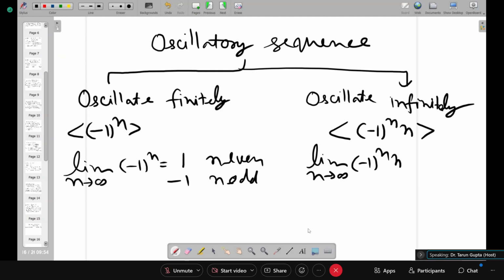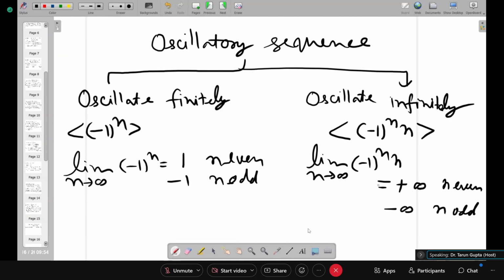That's why when n is even, the limit is 1, and when n is odd, it is -1. And here if you write the limit of this, then this is plus infinity when n is even, and minus infinity when n is odd.